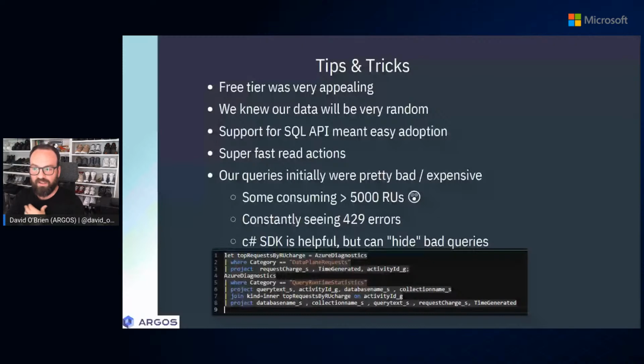We knew that our data would be very random. That's why we used Cosmos DB. We didn't want to spend so much time figuring out what our database schema was going to be to build a SQL database, knowing that the data schema is probably going to change in a month, in 2 months again. And we would have to do the whole exercise again and again and again. So having a non-relational database like Cosmos DB was actually really helpful.